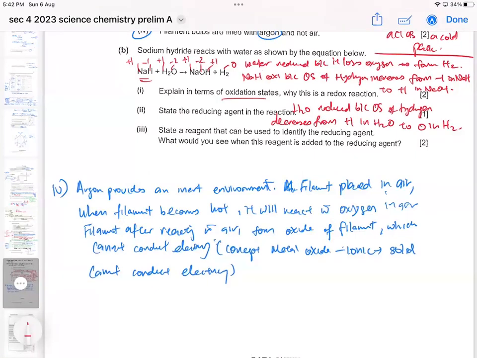So there's a reduction here. Okay, so we'll mention that since there's both oxidation and reduction, the reaction here is considered to be redox. That's for part 1.